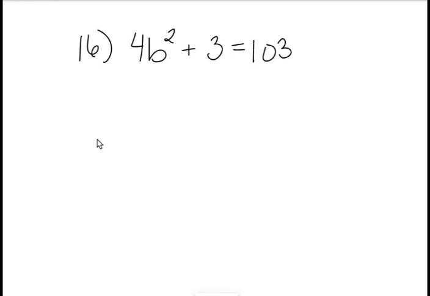Number 16. Again, we have a two-step type equation with my square. Think about what we would do to solve it if that square wasn't there. This 3 is my constant. I want to eliminate that first because 4b squared plus 0 is just 4b squared.